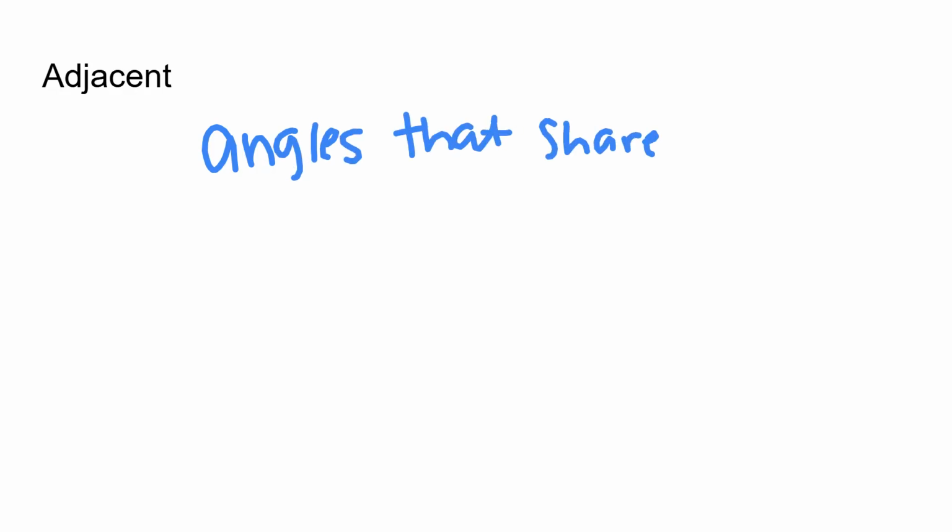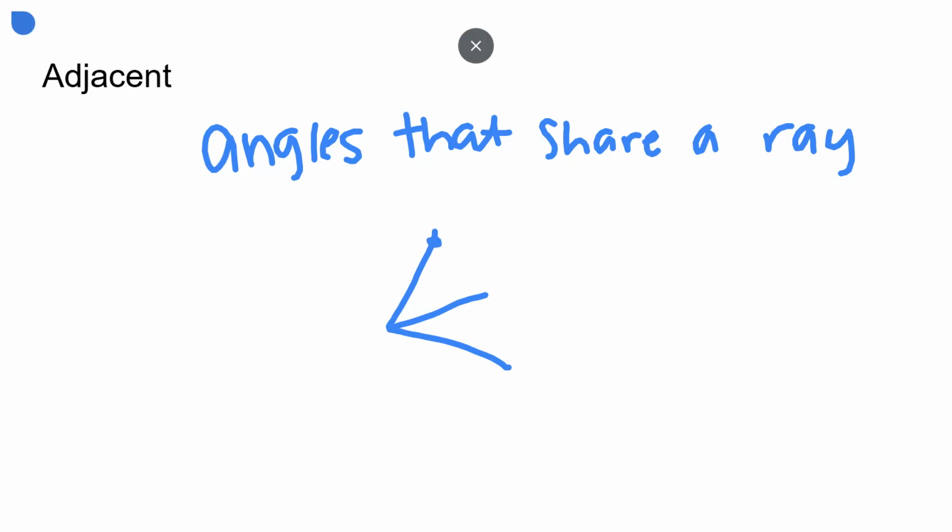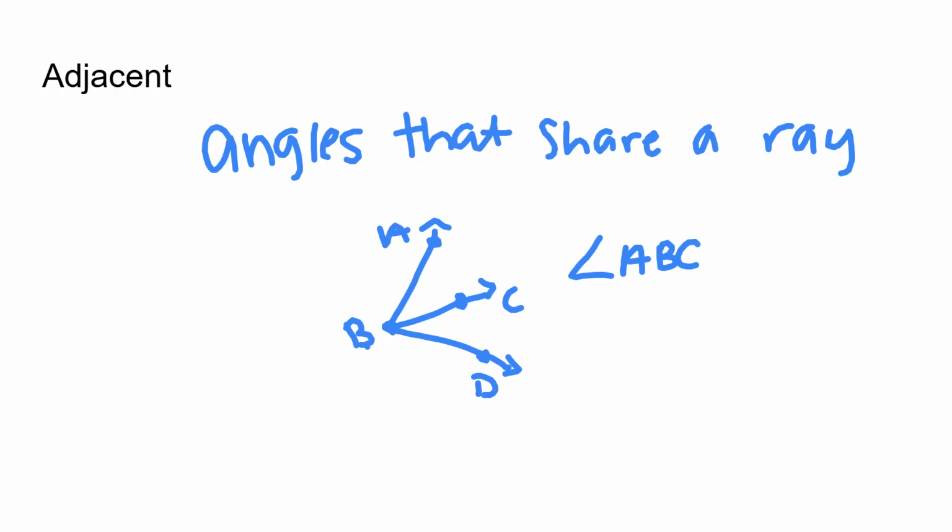Lastly, we have adjacent angles. And adjacent angles are angles that share a ray. So if I have something like this, and I have A, B, C, I should make these rays, and D, angle ABC, and we always put the vertex in the middle. I should have said that earlier.